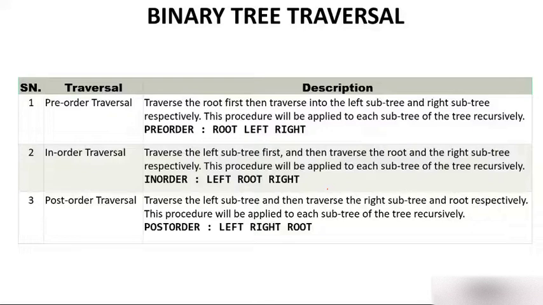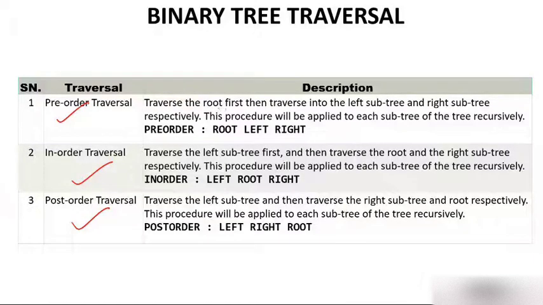So we start with the traversal, a very important topic because it's generally asked in competitions, so be very attentive while I'm explaining this. There are generally three kinds of traversal: pre-order traversal, in-order traversal, and post-order traversal. Let's understand pre-order.